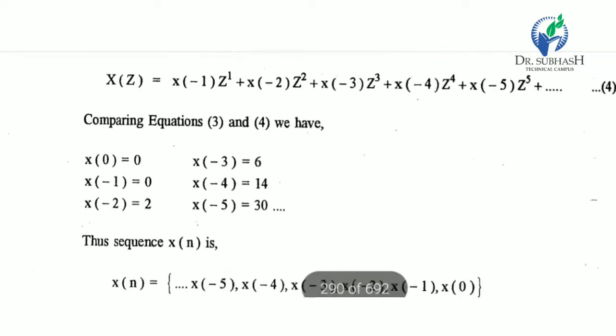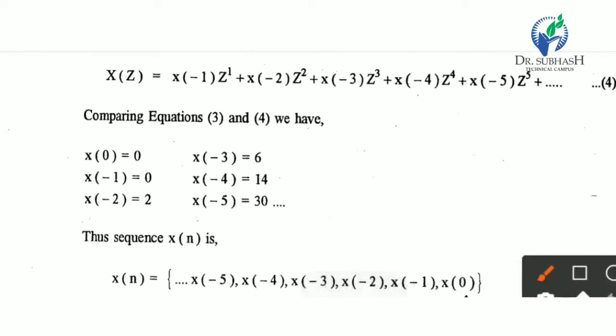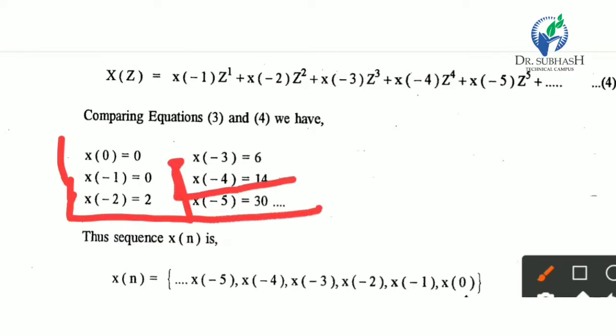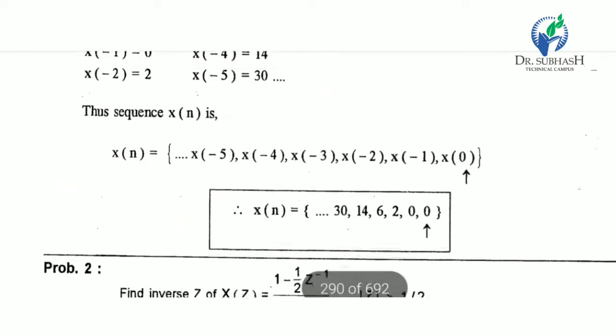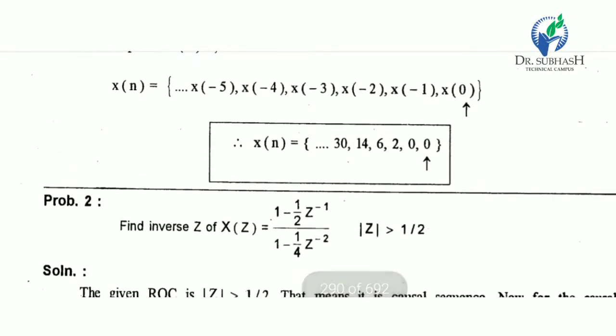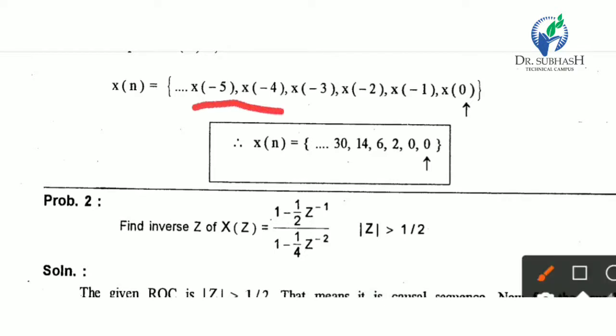So we will get x of 0 equal to 0, x of minus 1 equal to 0, x of minus 2 equal to 2, x of minus 3 equal to 6, x of minus 4 equal to 14, x of minus 5 equal to 30. So x of n equal to x of minus infinity, x of minus 5, x of minus 4, x of minus 3, x of minus 2, x of minus 1, x of 0.